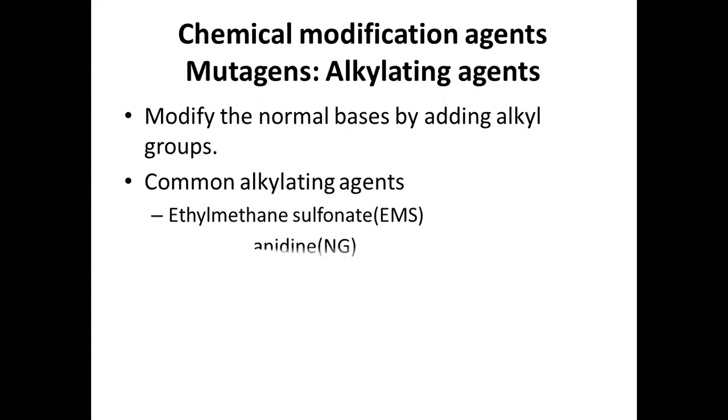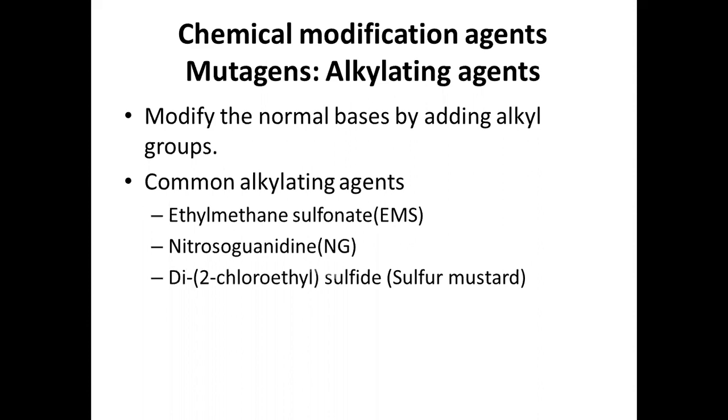And common examples are ethylmethane sulfonate, abbreviated as EMS, or nitrosoguanidine, abbreviated as NG, or di-2-chloroethyl sulfide, or sulfur mustard.